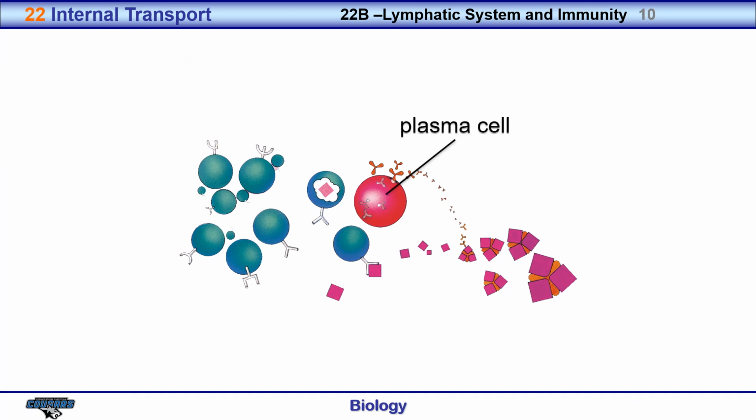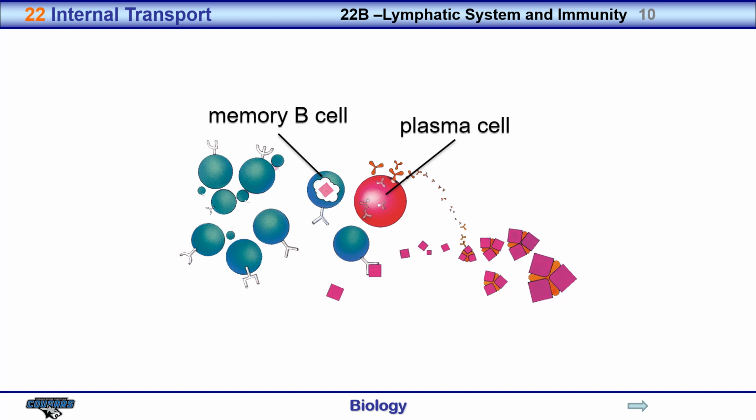So we have the plasma cell that produces the antibodies, and the antibodies then can cause the clumping that we see over on the right, but the stimulated B cells can become memory cells. They remember, and this little cloud with the little square in the center of it is trying to symbolize that it remembers that antigen.